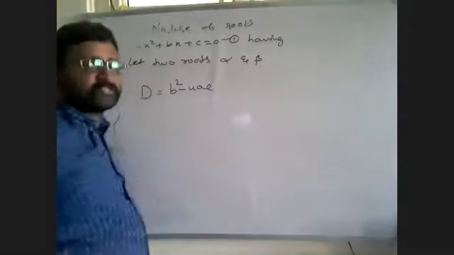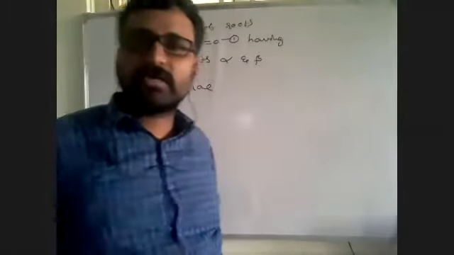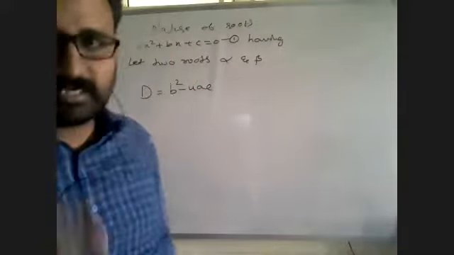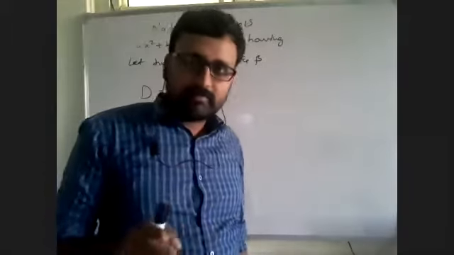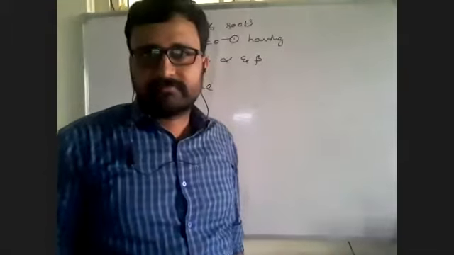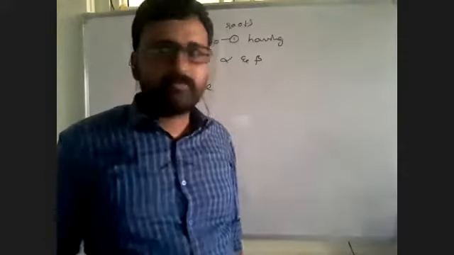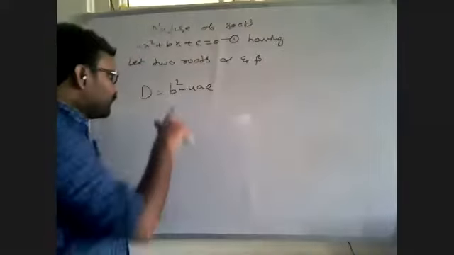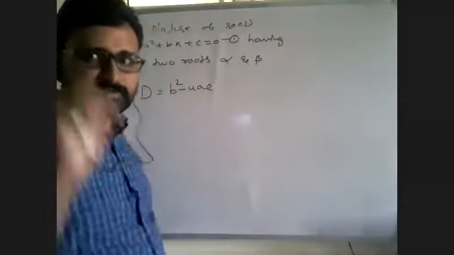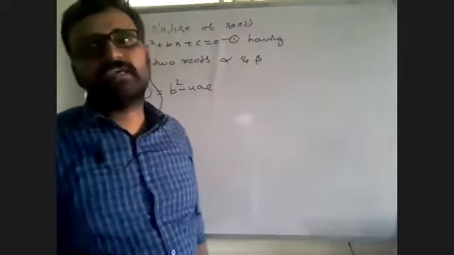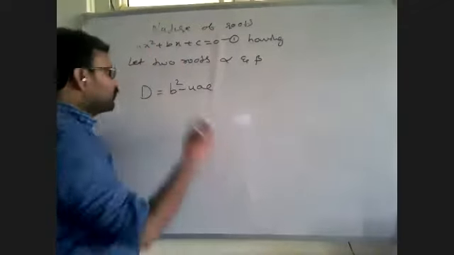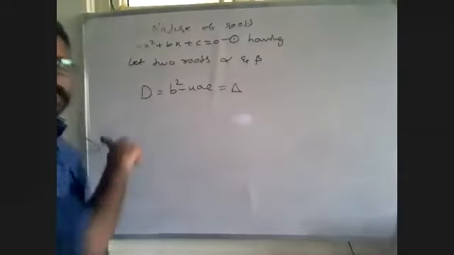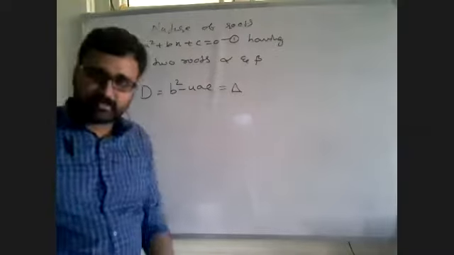Depending on this value, we can say the roots are real and distinct, real and equal, or imaginary. Three cases exist. This is also denoted with delta, which means b square minus 4ac.